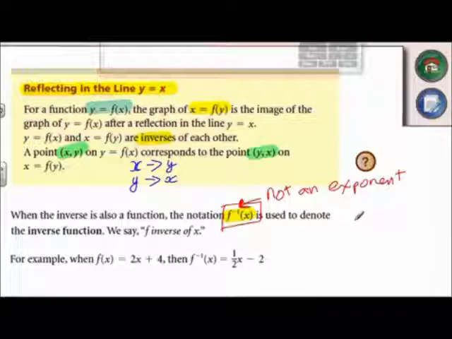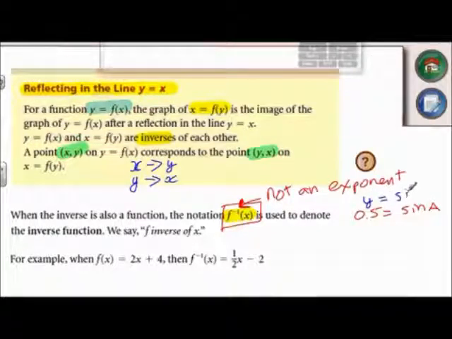So for instance, if we had something like 0.5 equals sine of a, and we wanted to solve for that a, the only way that we can split these two is by taking this y value. That's really what we have.